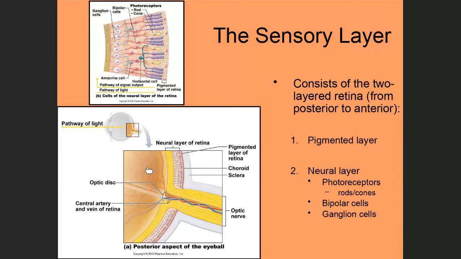One of the things that's kind of weird is that light travels through the eye in this direction. It's going to activate almost our most posterior layer of cells, and then electrical signals move away from those cells in this direction, opposite of the pathway of light, as they're feeding into the optic nerve, which exits the back of the eye.